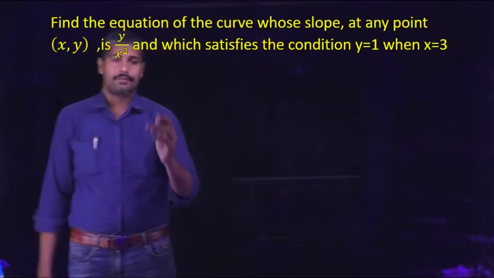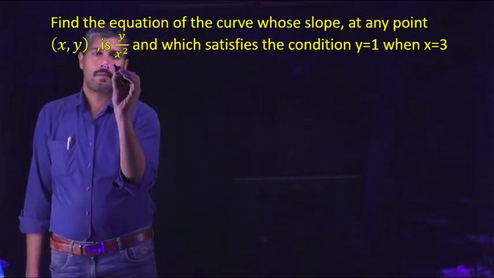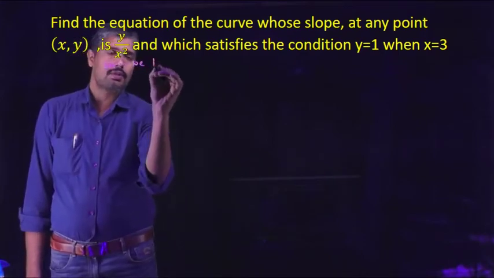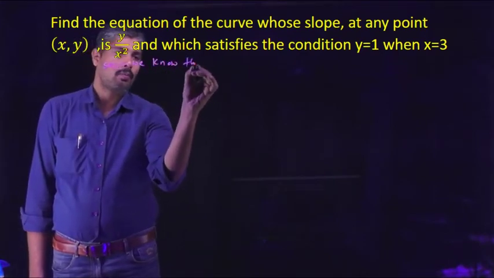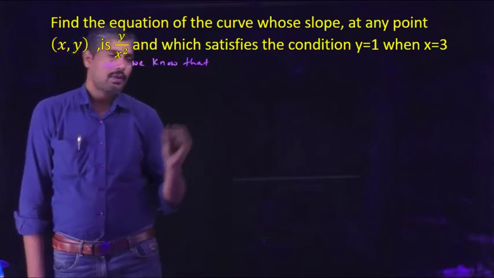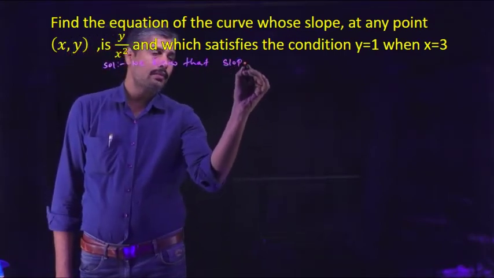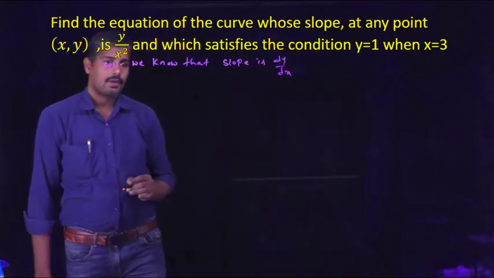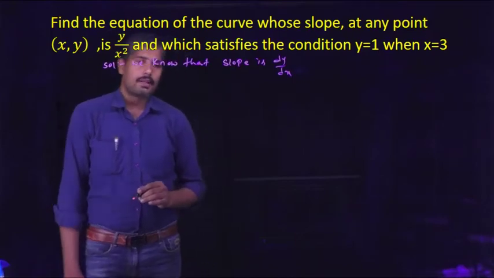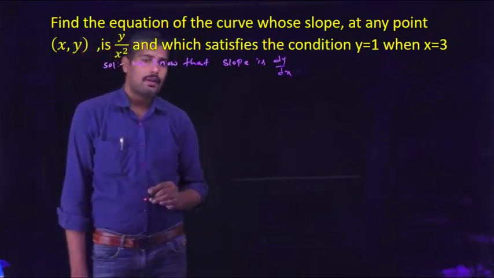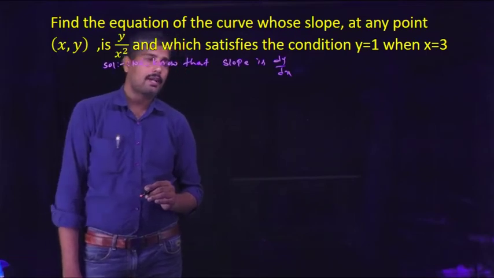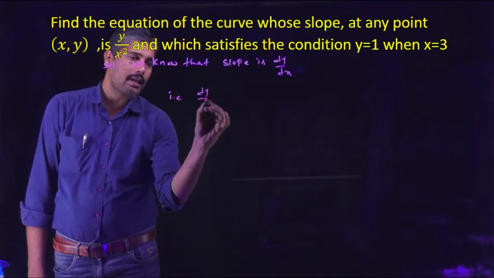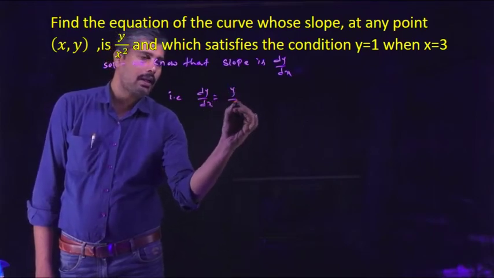See, we know that slope is dy by dx, but the given slope at the point (x, y) is y by x square, that is dy by dx equal to y by x square.